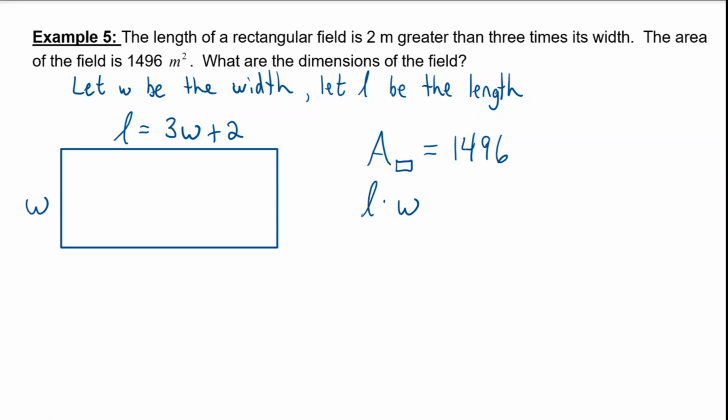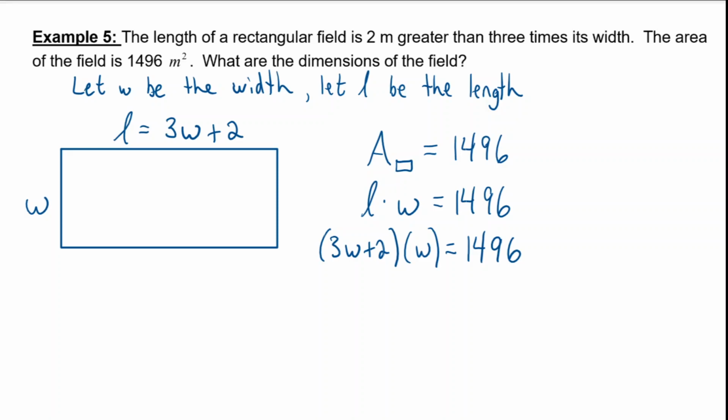We'll write that down. Right now we have an equation that has 2 variables in it. But luckily we have an equation that relates length and width, so we can actually replace this L with 3W plus 2, times W equals 1,496. Now that we just have one variable in this equation, we can solve for the W.